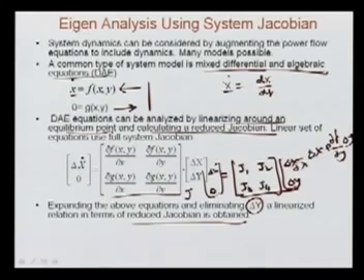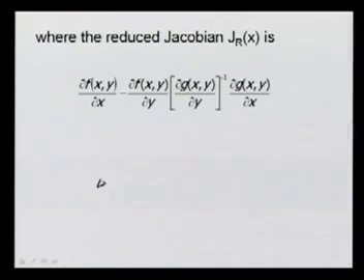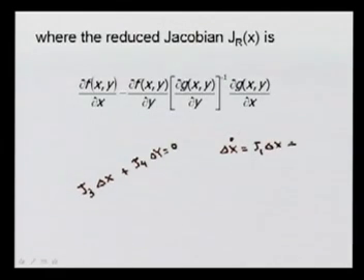From the lower equation, J3 times change in x plus J4 times change in y is 0. However, the change in the differential equation, x dot, is nothing but J1 change in x plus J2 change in y.